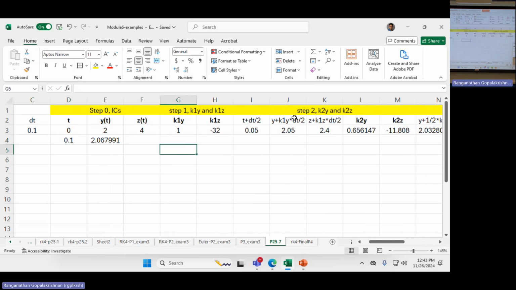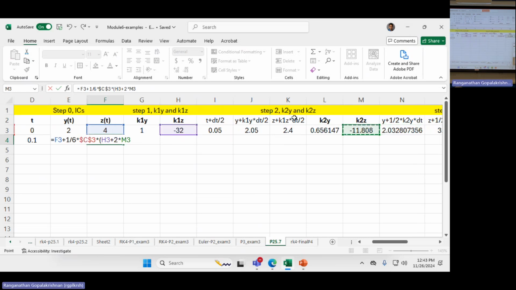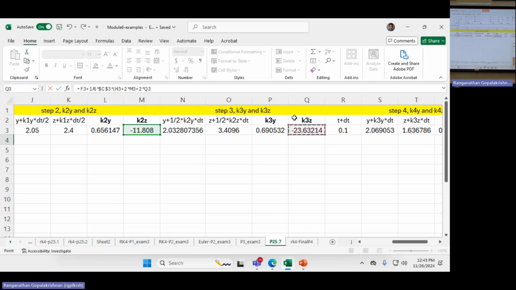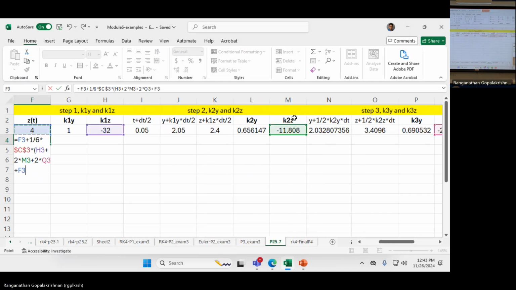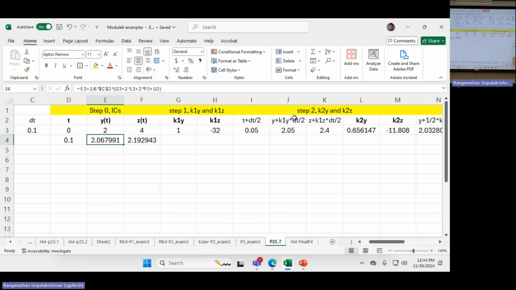That's my y. And my z is the same thing: z plus 1/6 of dt times k1z plus 2 times k2z plus 2 times k3z plus k4z. That's my z.